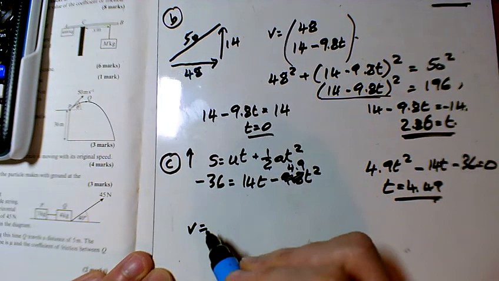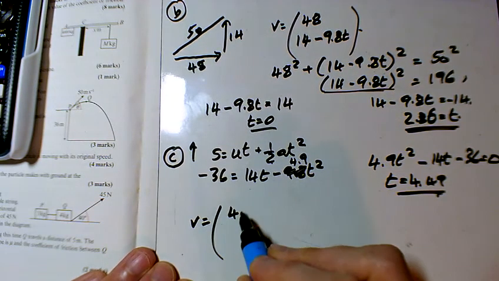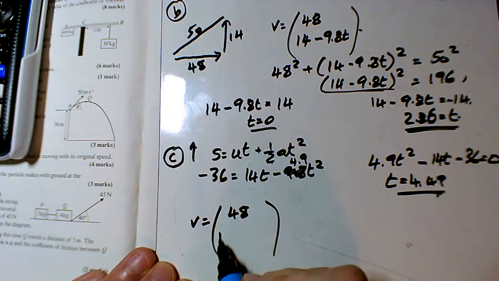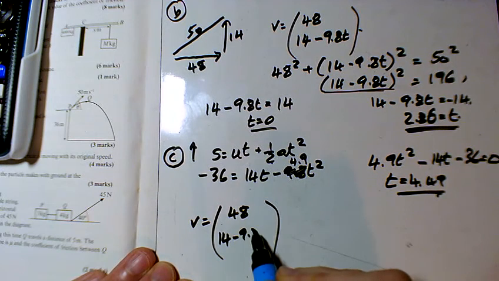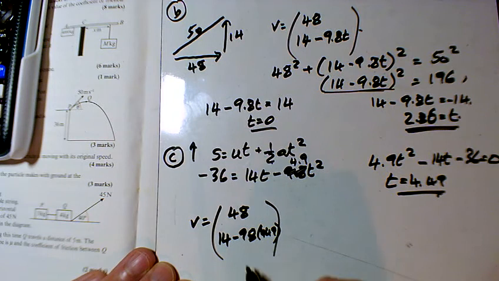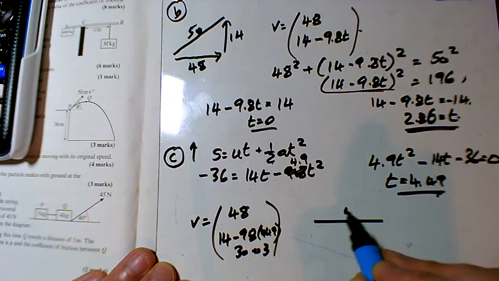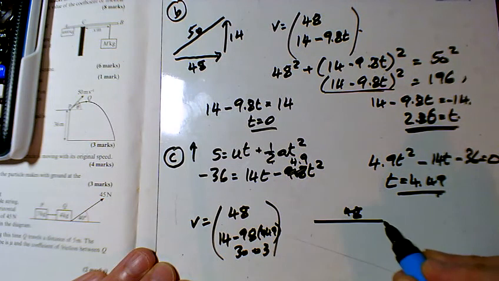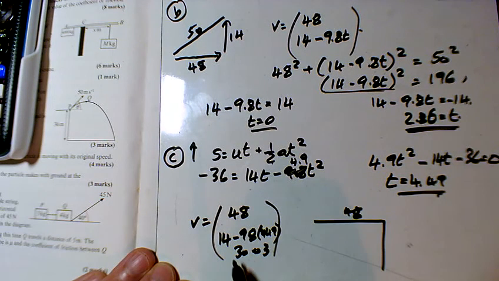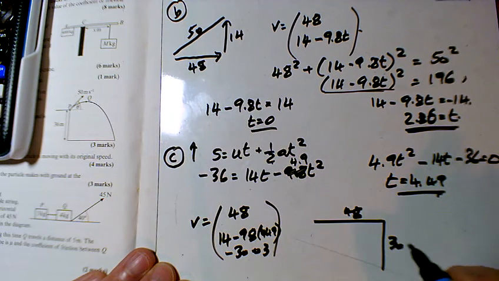And I think all I'm going to do now is put that in there. And so the velocity when it hits the ground is 48 and 14 minus 9.8 times 4.49, and I'm getting that to be 30.03, I think. So we've got 48 and must be minus 30.03.